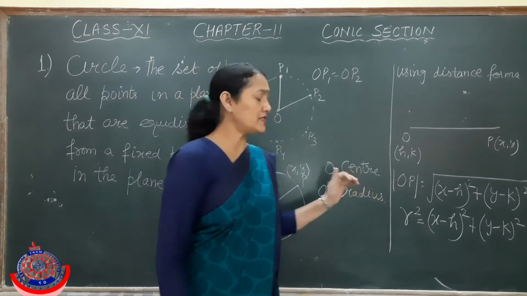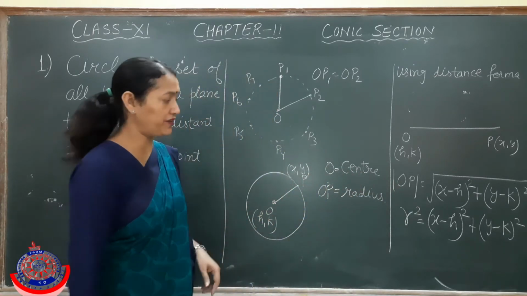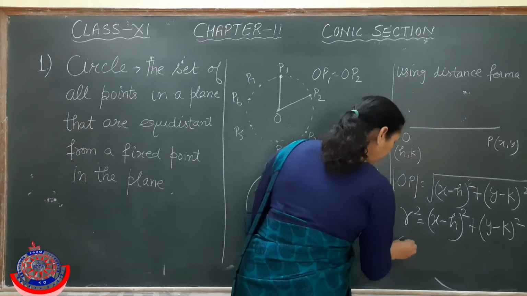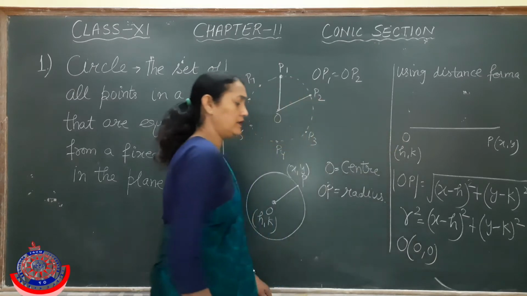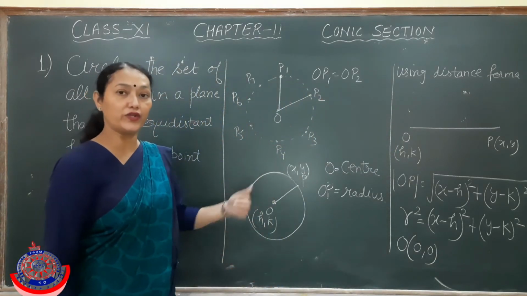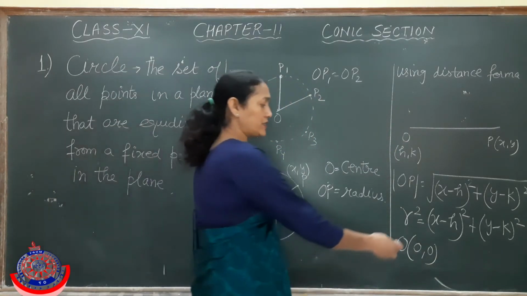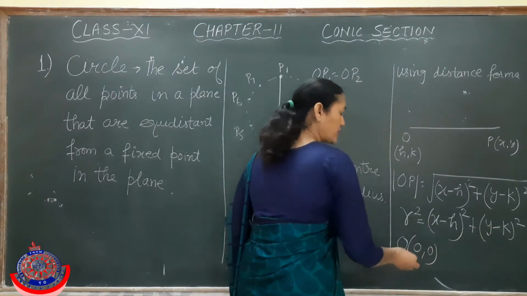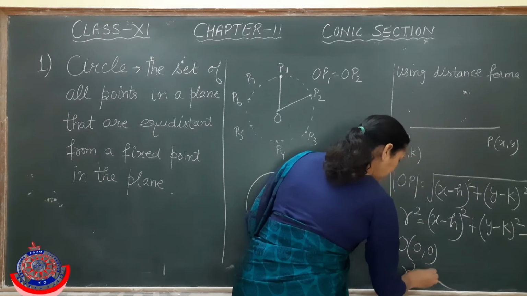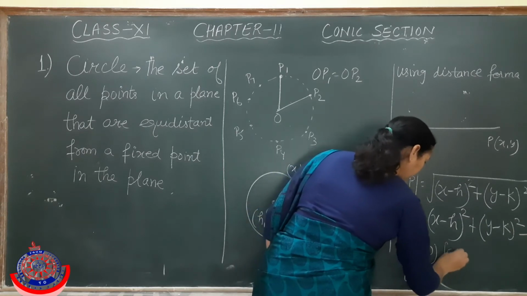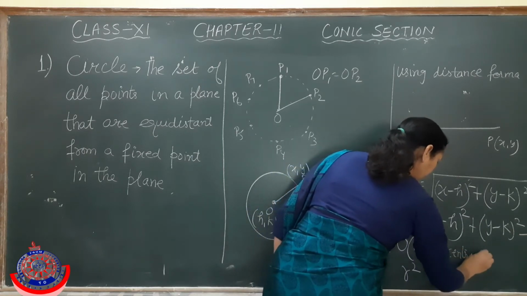And in case center is origin, if we take coordinates of point O as (0, 0), center of the circle is lying at the origin. In that case, h and k will be 0. So equation of circle will become as center is at origin.